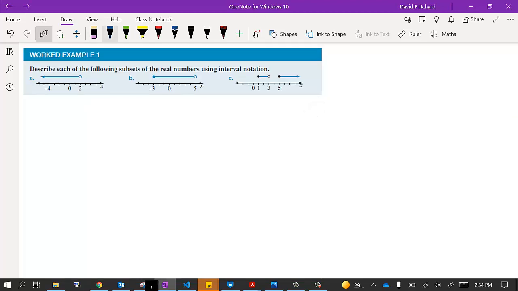Okay, so we're going to do a couple of examples here. They should be nice and quick. For A, note this arrow here. It means that it's going to continue forever, so it's going down to -infinity. Just to make sure you understand, we cannot be equal to -infinity, but we can be approaching it, so that's going to be non-inclusive. Our variable is x, and we're at 2. It's non-inclusive, so it doesn't include 2, open circle.